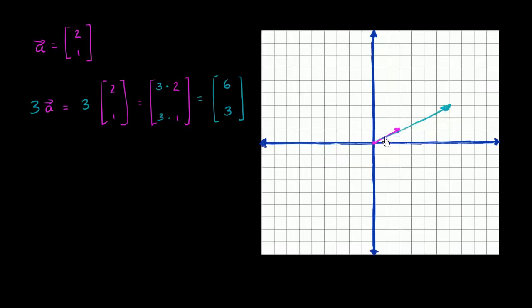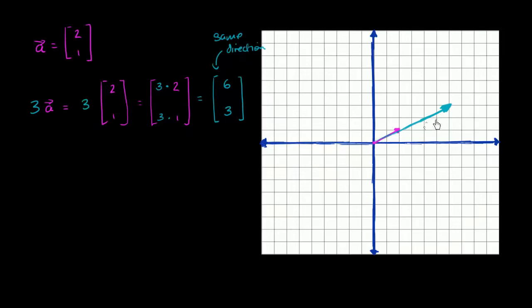Well, notice, one way to think about it is what's changed and what has not changed about this vector. What's not changed is that it's still pointing in the same direction. So this right over here has the same direction. Multiplying by the scalar, at least the way we defined it, did not change the direction that my vector is going in. Or at least in this case it didn't. But it did change its magnitude.